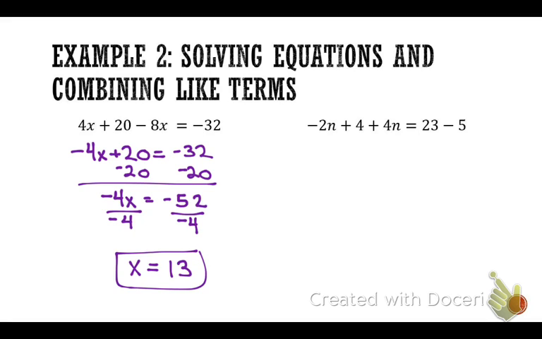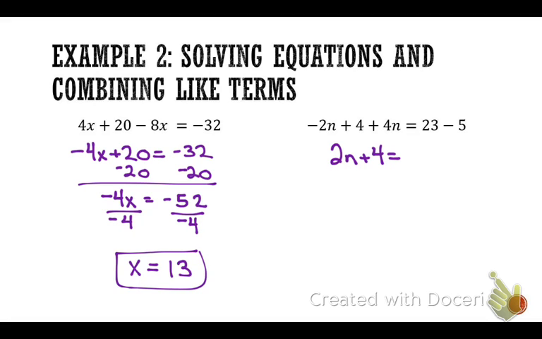Okay, on the next one over here, we had a little bit of combining on the right side too, didn't we? Yes, ma'am. All right, Micah, what'd you do? Okay, so I did my right side first: -2n plus 4n equals 2n plus 4 equals 23 minus 5.